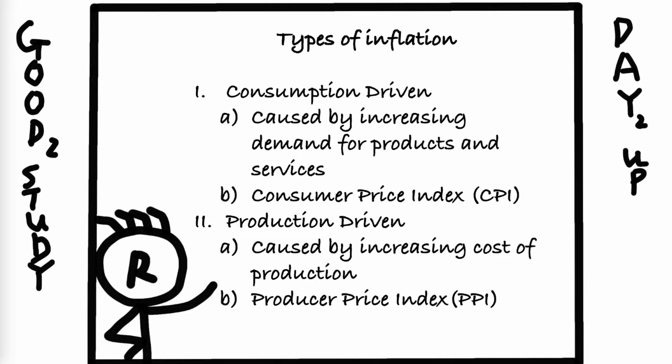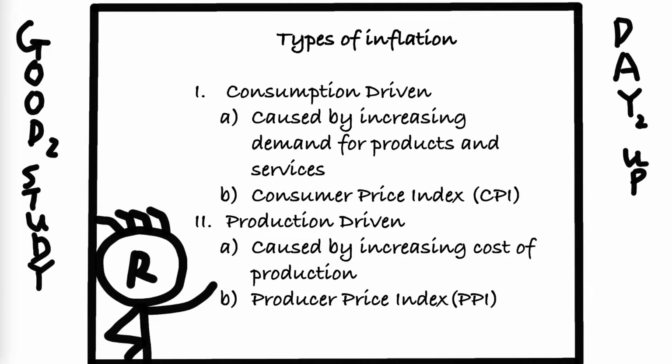Production-driven inflation is generally caused by increasing costs of production. For example, if prices of wages and raw materials go up, producers will transfer some of the cost increase to consumers through increasing the sales price of their goods.